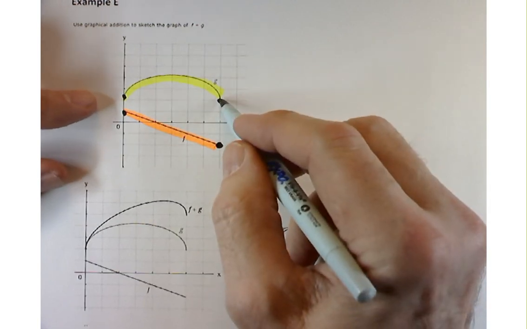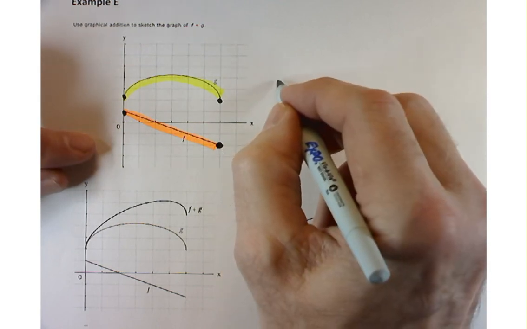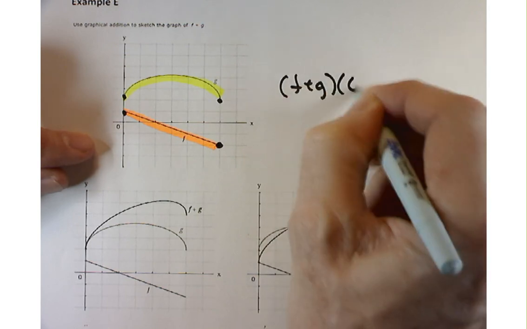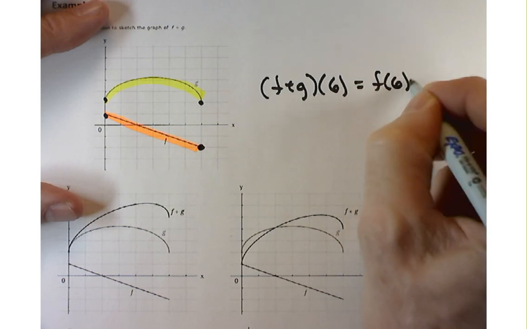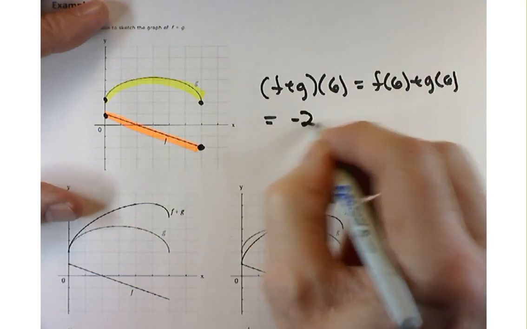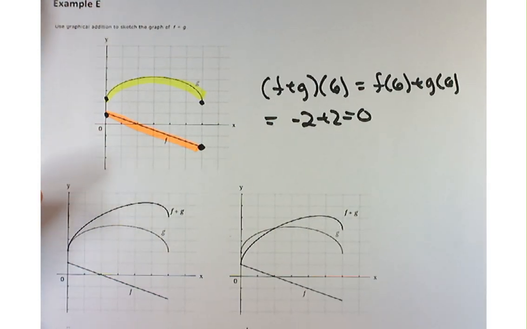G of 6 is going to give me 2. F of 6 is going to be -2. So if I have f plus g of 6, that's going to be f of 6 plus g of 6, which is going to be -2 plus 2. I should get 0 when I add these two together.